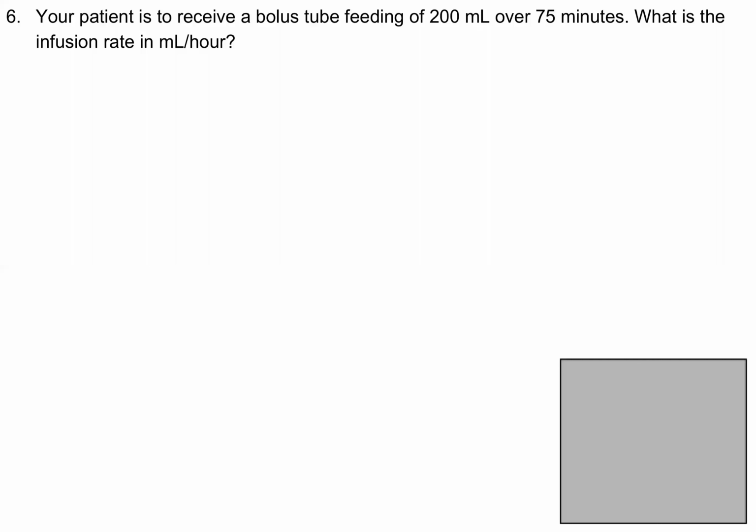Number 6, your patient is to receive a bolus tube feeding of 200 mLs over 75 minutes. What is the infusion rate in mLs per hour? So our final units that we're looking for are mLs per hour. As you can see, they've given us 200 mLs over 75 minutes. We have to remember the conversion, 60 minutes per 1 hour. And I went over this in question number 5.